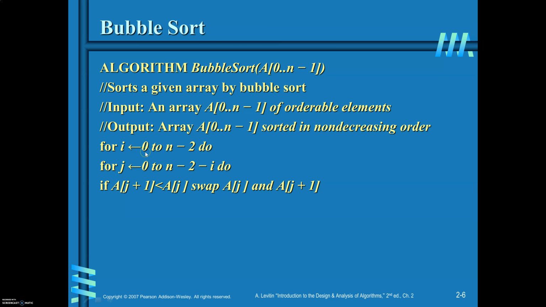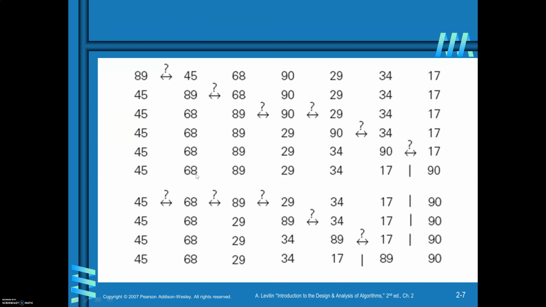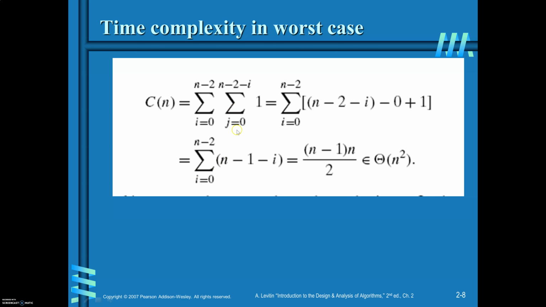For that, i is varied from 0 to n minus 2 and j from 0 to n minus 2 minus i. So the same thing is written here. When you simplify the inner summation, you get n minus 2 minus i, upper limit minus lower limit plus 1.